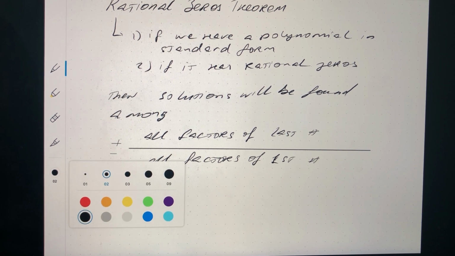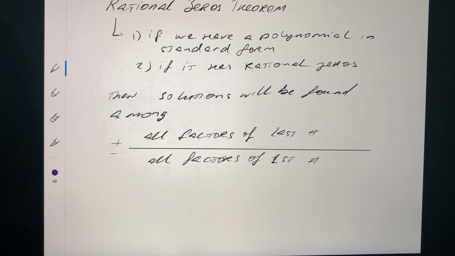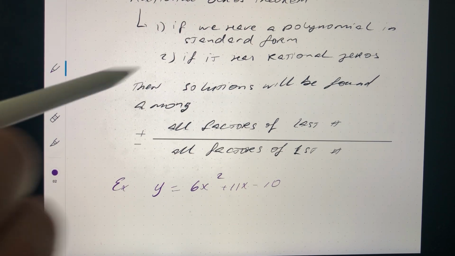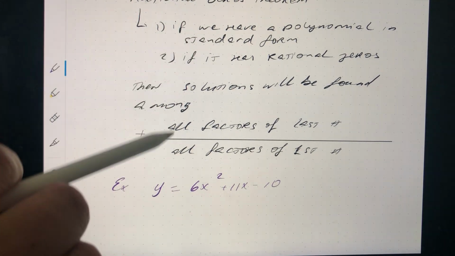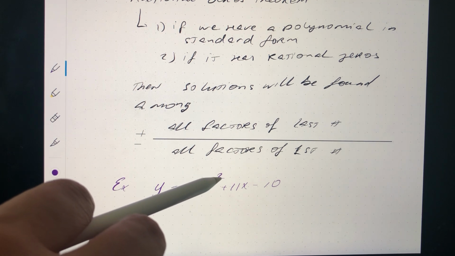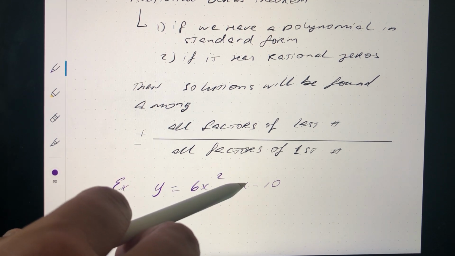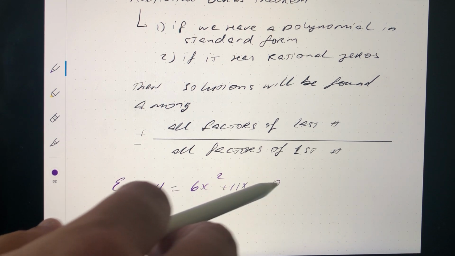Let's suppose, just for practice, we have this function: 6x squared plus 11x minus 10. This is a quadratic, it is a polynomial, and it is written in standard form, meaning the powers are written in descending order. The highest power comes first, the next highest is second, and then down it goes.